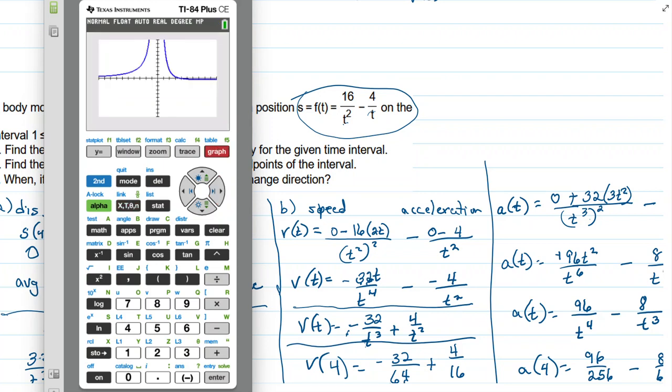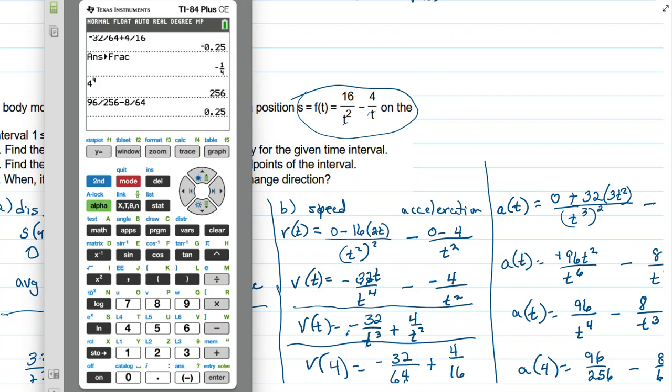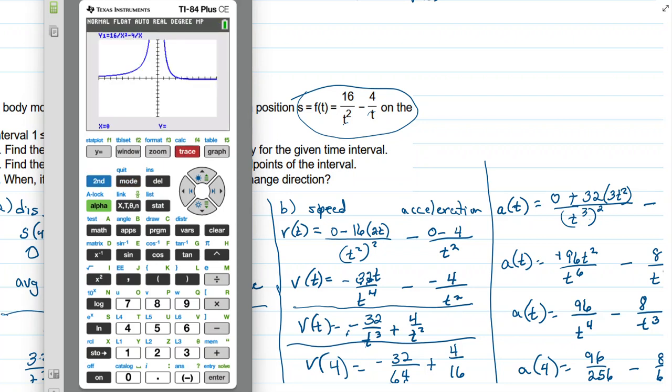Okay, let's see what the graph looks like. Yeah, it's on the bottom. Oh, okay, 16. Let's look at that. Oh, it's below. That's right. It's going backwards. It's below. Well, that's interesting.